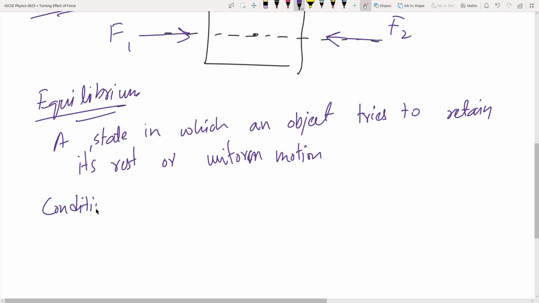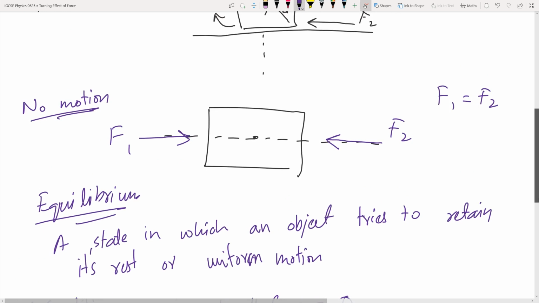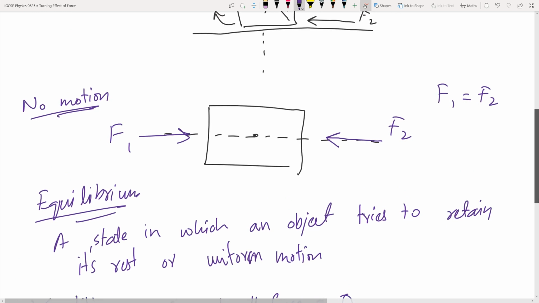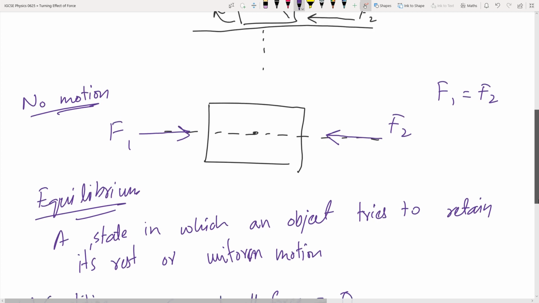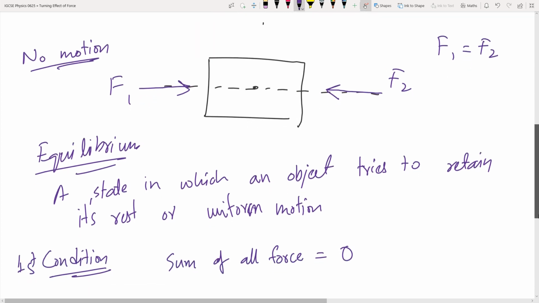Now there are two conditions for this, right? First condition is when the sum of all forces is equal to 0, which is the case over here, right? Since both forces cancel out each other, there's no linear motion, the object will stay in its position of rest, or let's say if it's in a uniform motion like Earth, it will remain in uniform motion.